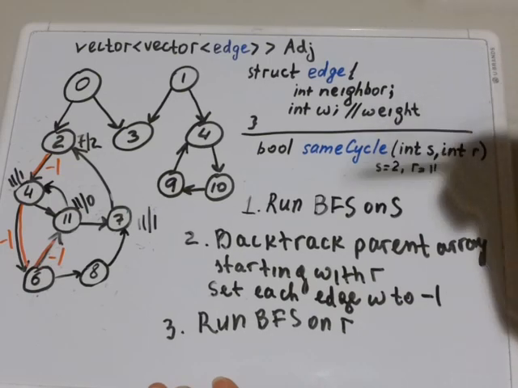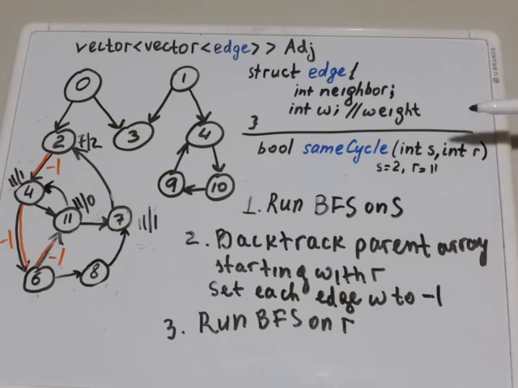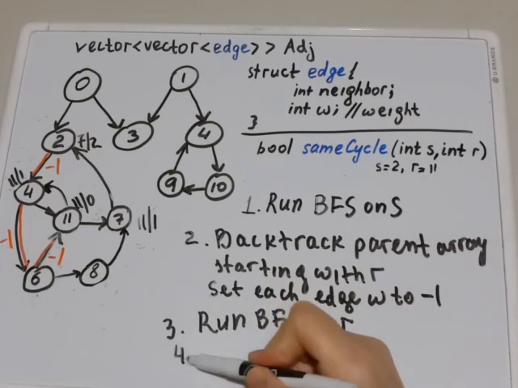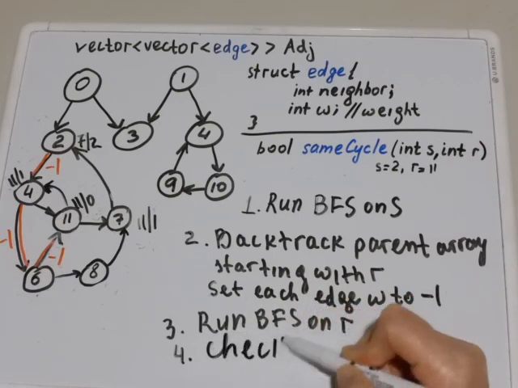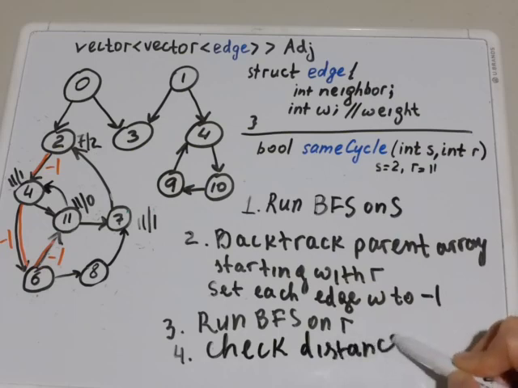What happens now? How do we decide whether S and R do lie on the same cycle? Well, step 4, after this BFS, check distance. Distance of what?